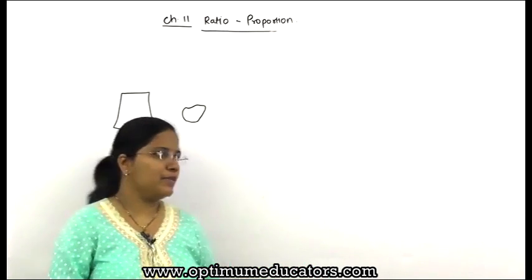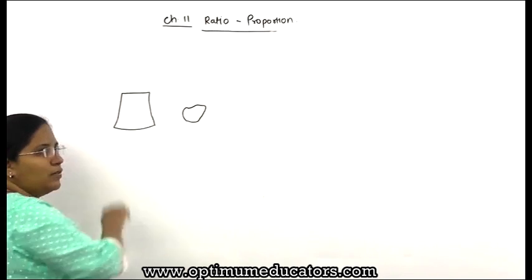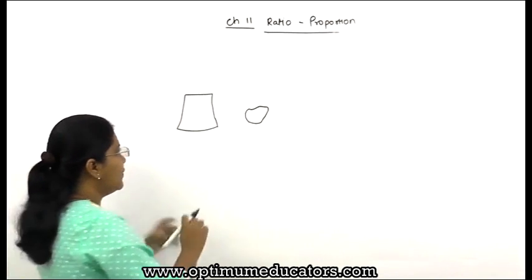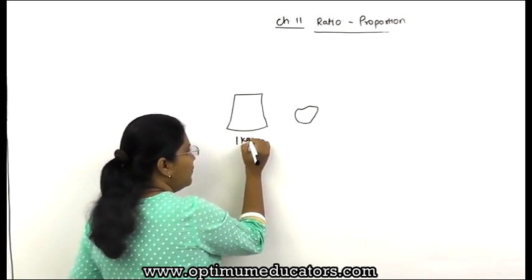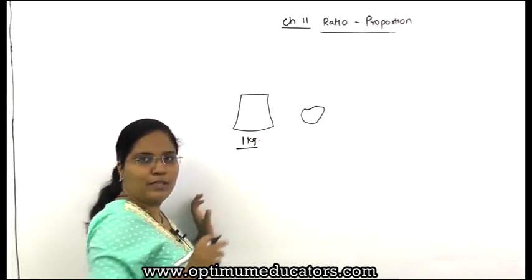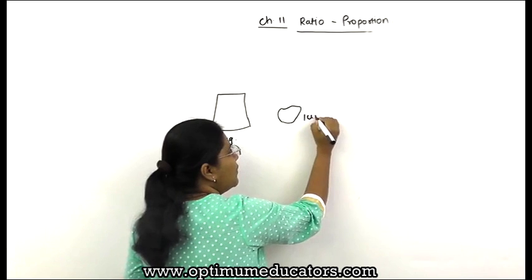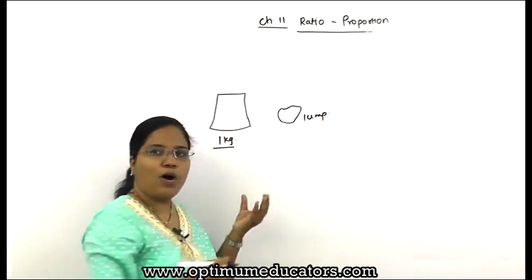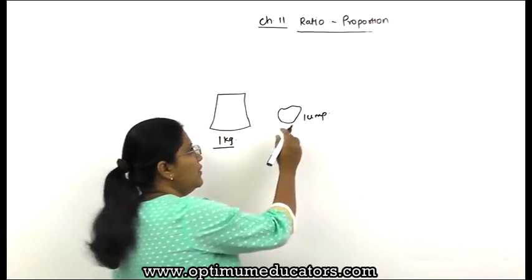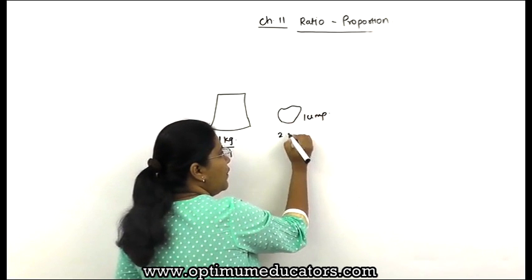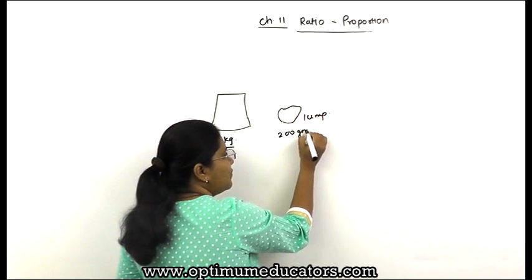क्या है, मेरे पास एक गुड़ है, गुड़ का ब्लॉक. It is weighing how much? It is weighing 1 kilogram. This is, you must have seen in the kitchen. And this is a lump. Lump मतलब क्या है? Smaller piece of the jaggery. It weighs 200 grams.